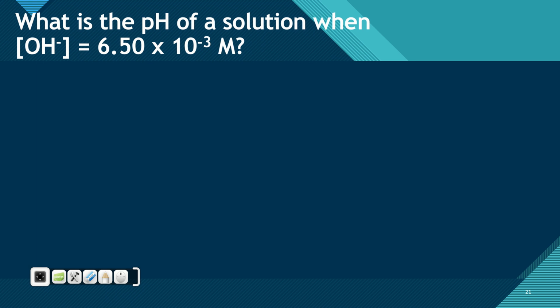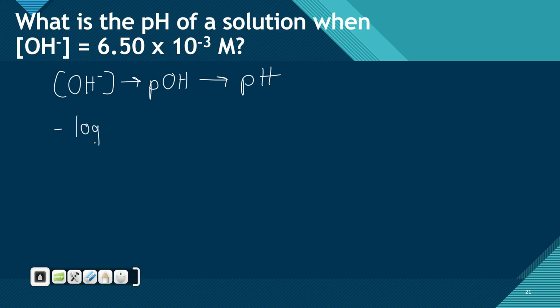Okay? So that's what we're going to be doing here. We're taking our time, kind of converting. Now again, we're being nice and doing the same thing over and over again. I'm going from hydroxide concentration into pOH, and then changing pOH into pH.